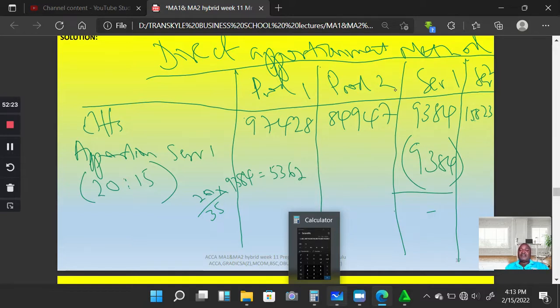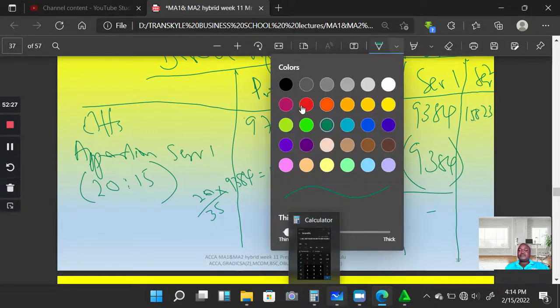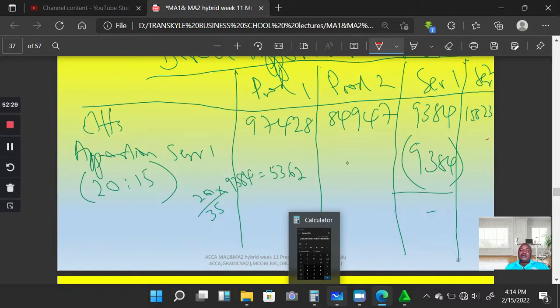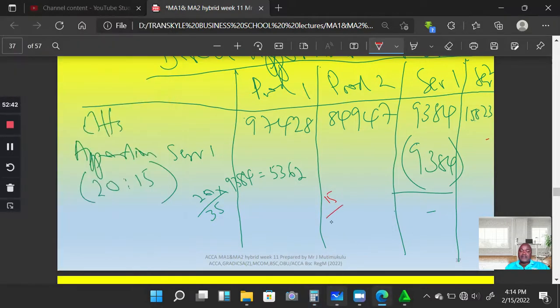The figure for this part, using another pen, we're going to say 15, because remember, 20 over 35 has already been used. That's 15 over 35. 15 over 35 multiplied by 9384, how much do you get?